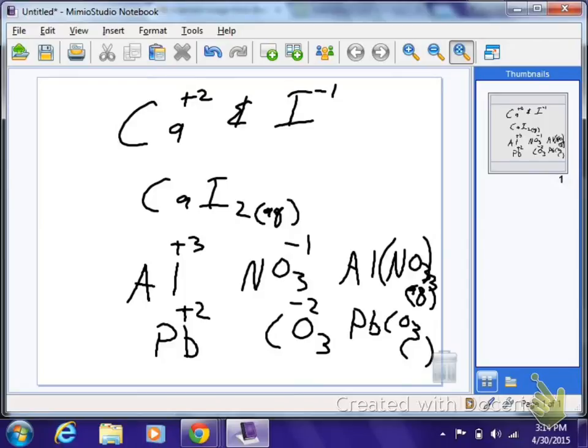So what do you think I have most of my compounds in the back that I want to make up solutions? They're all going to be probably what? Made up of what kind of ions are going to be in it? Nitrates. I got a whole shelf of nitrates. Silver nitrate, lead nitrate, strontium nitrate. All those are nitrates.